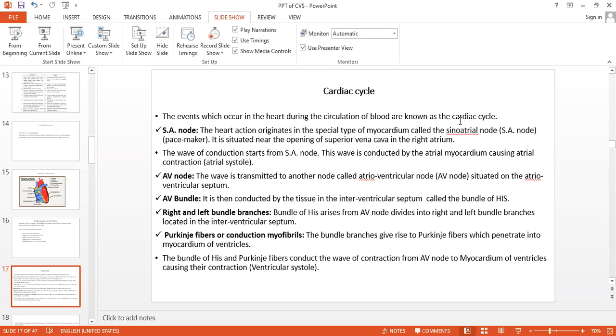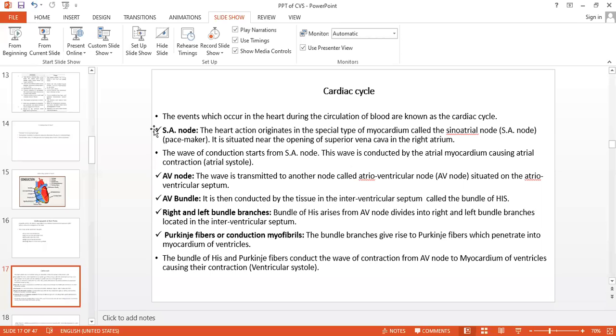It is just the action potential during that circulation of the blood that we called as a cardiac cycle. This cardiac cycle, it is 0.8 second. We will see the atrial systole, atrial diastole, ventricular systole, ventricular diastole. But here, just again, we will overview.